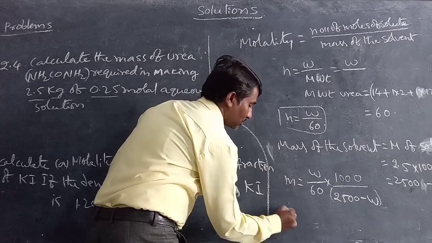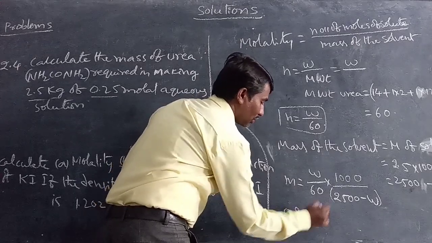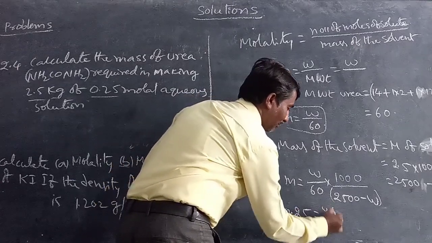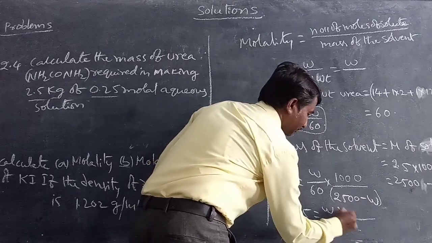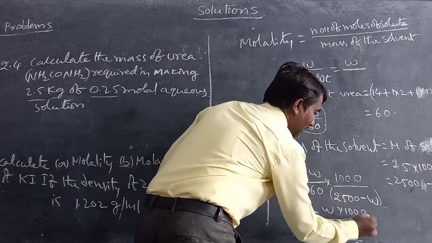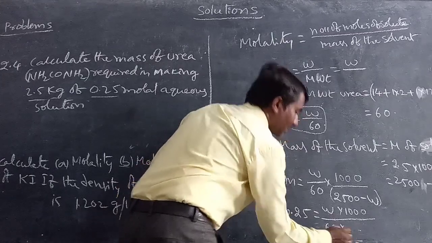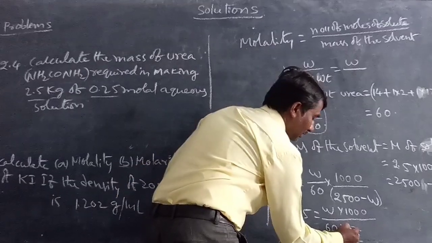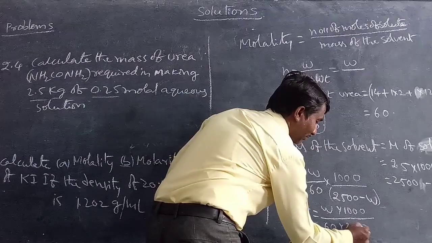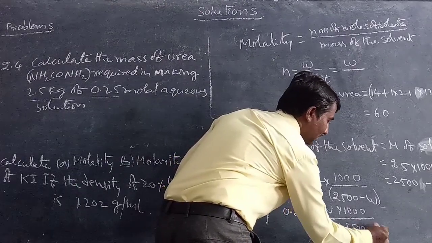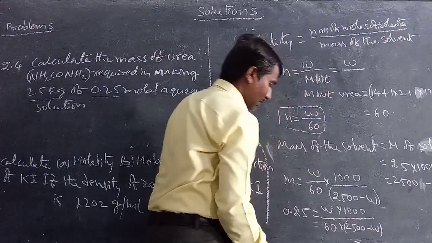So 0.25 equal to W by 60 into 1000 divided by 2500 minus W.